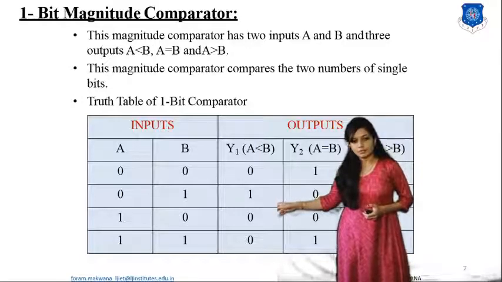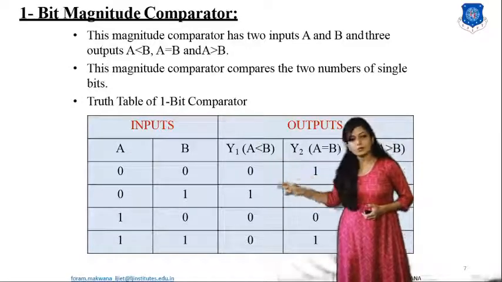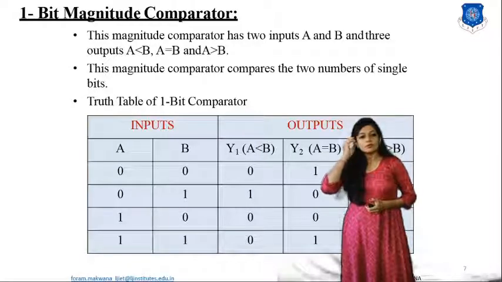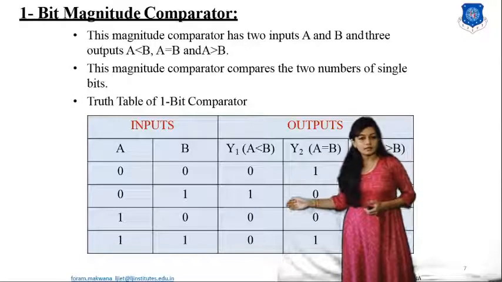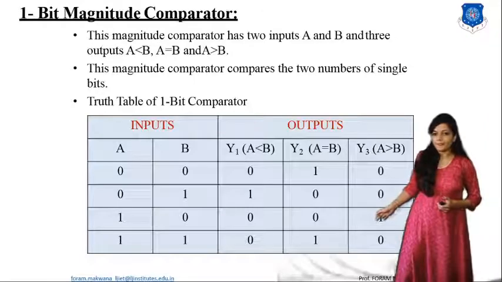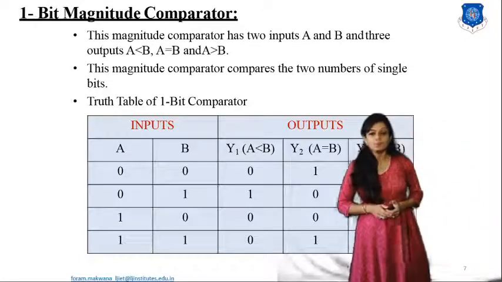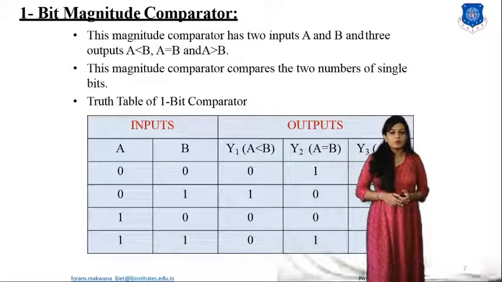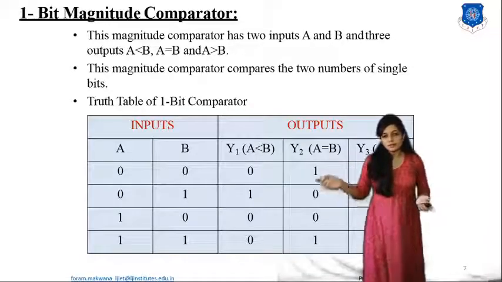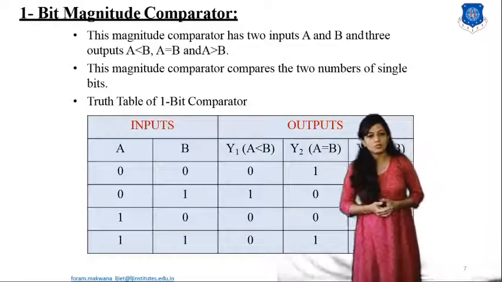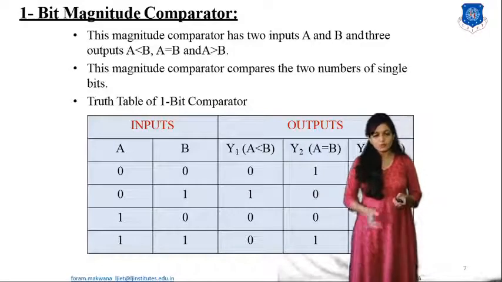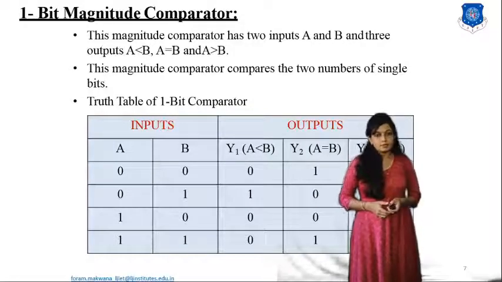For the input A equal to 1, B equal to 0, A is greater than B. That's right, this output will become 1. Now A and B both are 1, that means both are the same. That's right, Y2 is equal to 1. So this is the truth table of the 1-bit magnitude comparator.